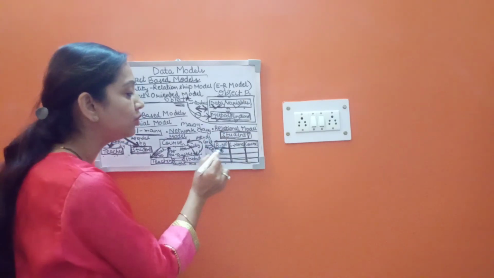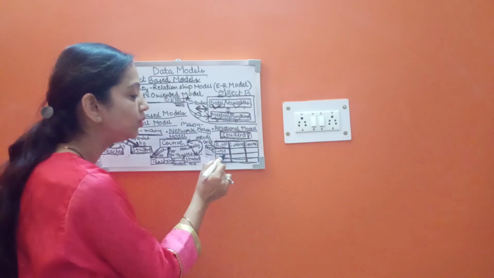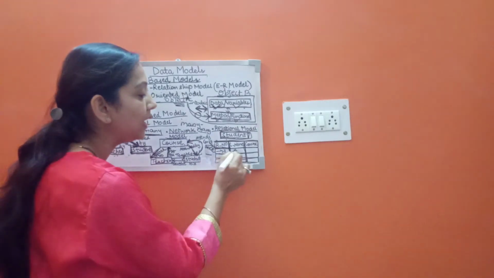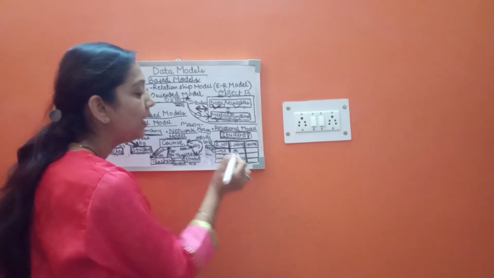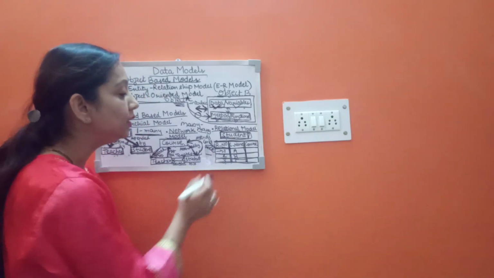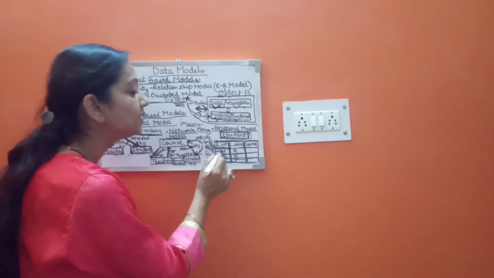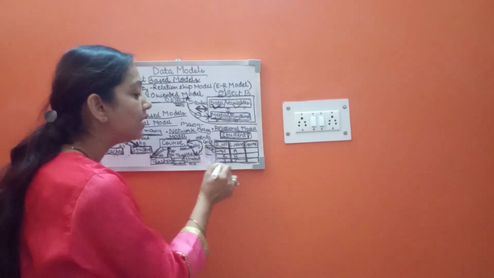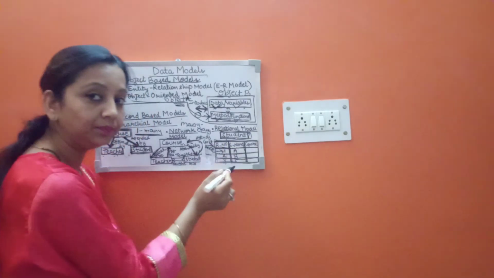For example, one student is having roll number 1, another roll number 2, and another roll number 3. One's name is A, another's name is B, and the next one's name is C. So different students having different attributes are stored in one particular student table.